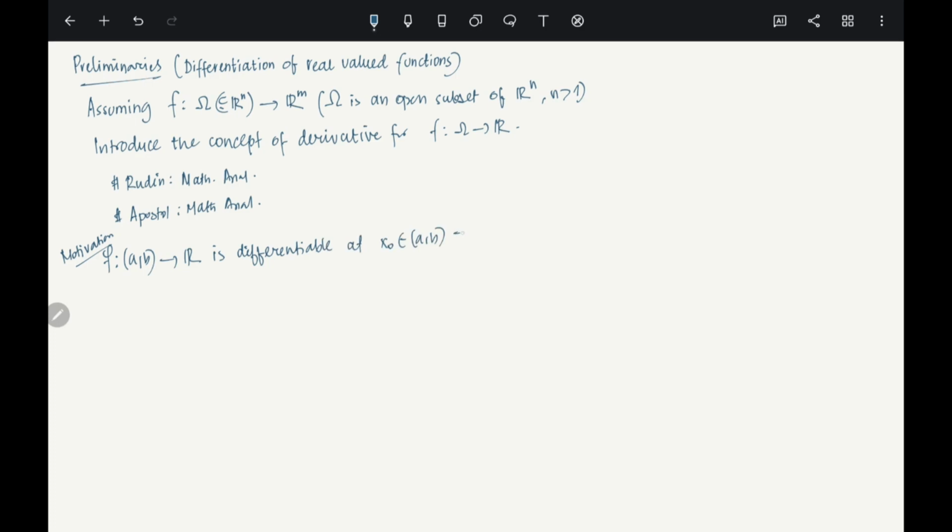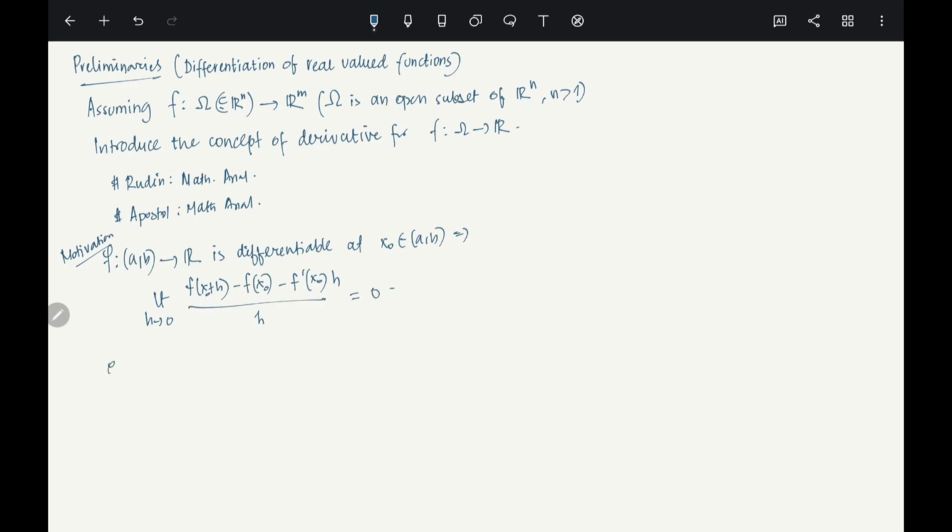What does that mean? It means that the limit as h tends to 0 of [f(x0 + h) minus f(x0) minus f'(x0) times h] divided by h is 0. This is what it means.